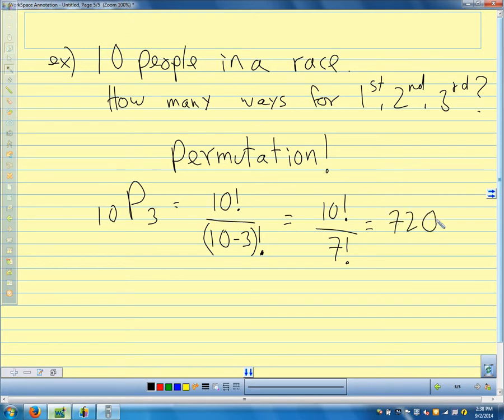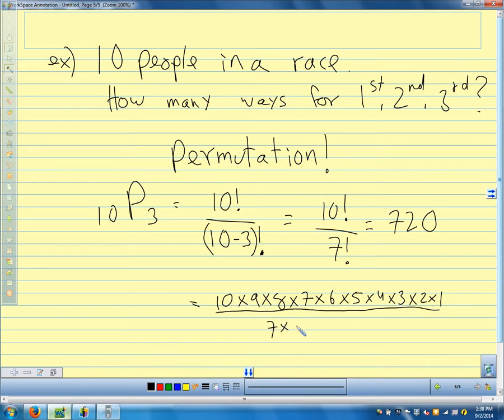And if I wanted to write this out the long way, this would be 10 times 9 times 8 times 7 times 6 times 5 times 4 times 3 times 2 times 1 all over 7 times 6 times 5 times 4 times 3 times 2 times 1. So the factorial makes it a lot easier than writing out this thing.